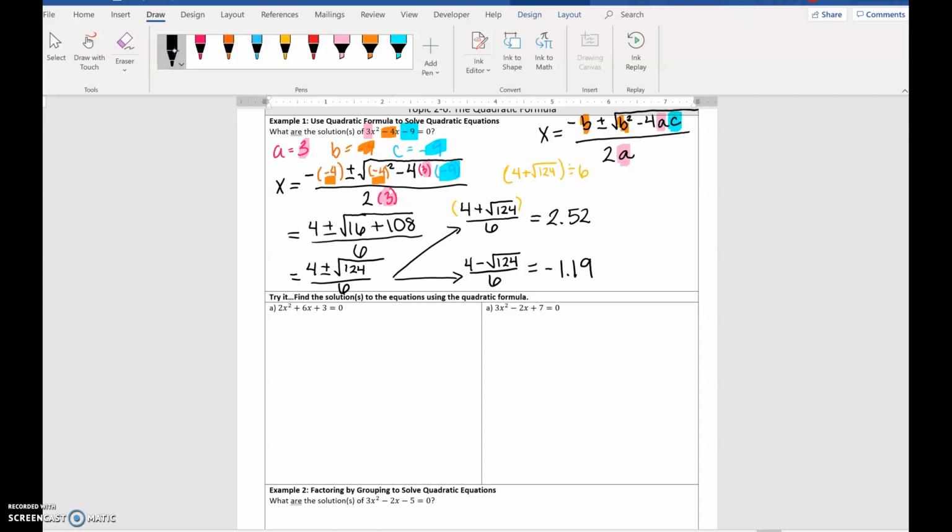And so our answer is x equals 2.52 and x equals negative 1.19.